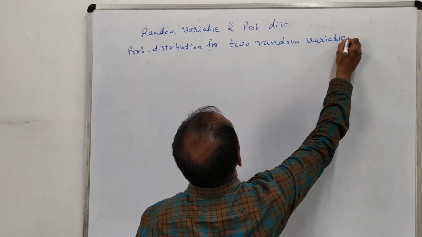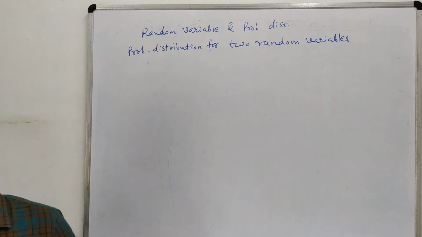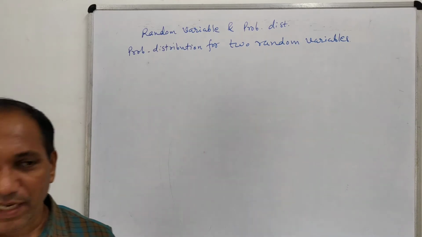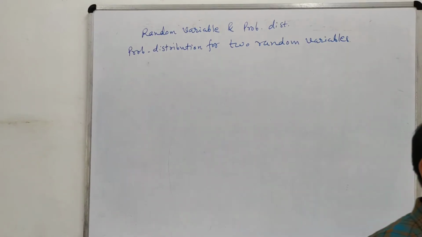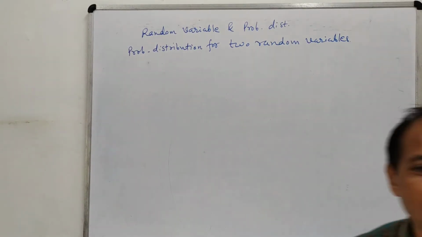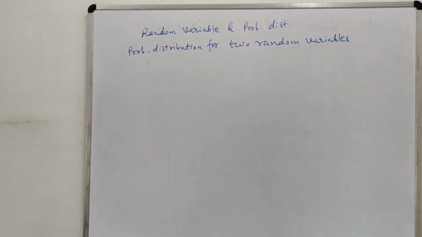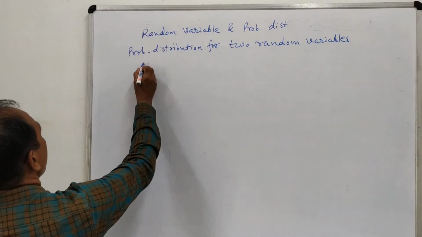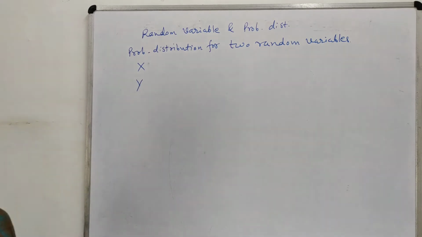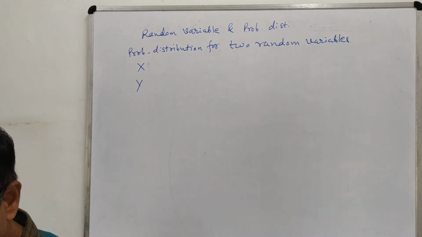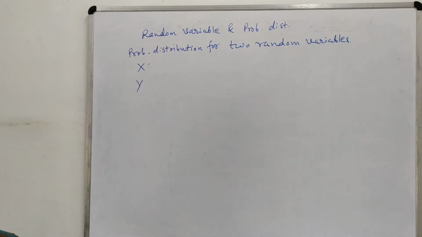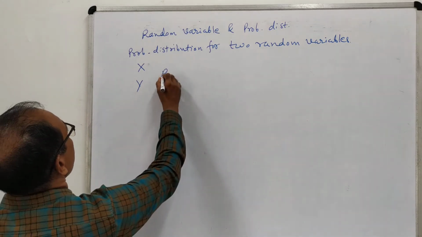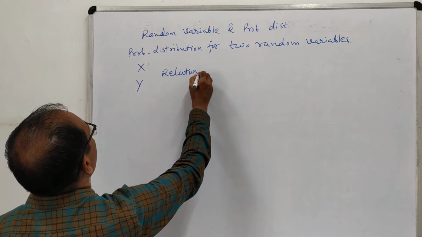So in the last lecture we have focused on a single random variable capital X, but in some cases there are chances during the random experiment it may appear two random variables, say capital X and capital Y. So we want to focus now on the probability distribution of the two types of random variables, and then we will derive the relationship between the two variables.